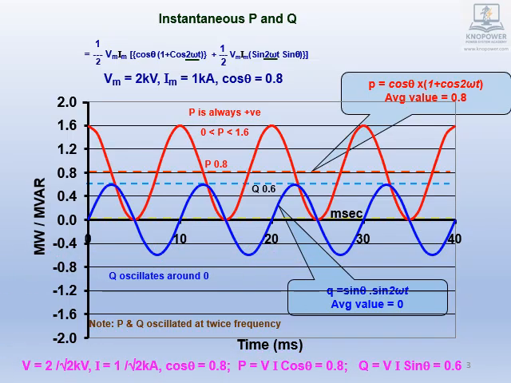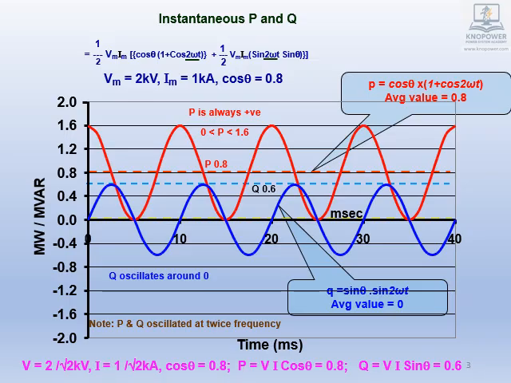At the bottom, the workout for P and Q using textbook equations is given. RMS is max by root 2. VRMS equals 2 by root 2 kV. IRMS equals 1 by root 2 kA. Cos theta equals 0.8.